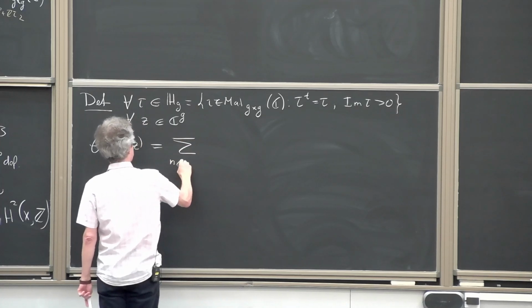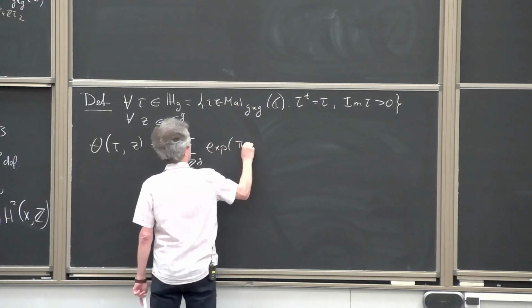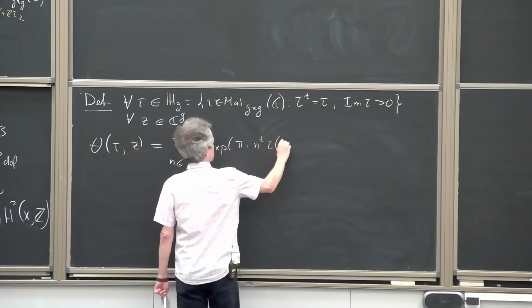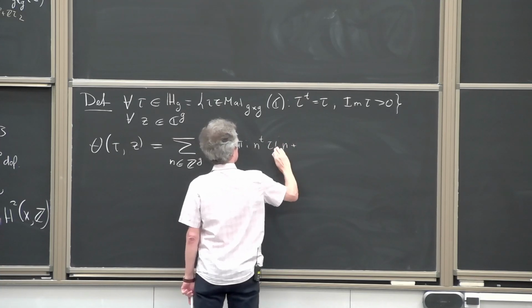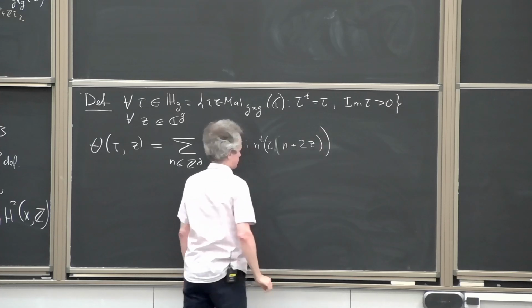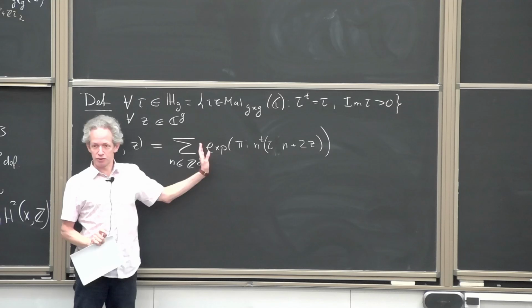This is the sum over all integers n of the exponential of pi i n transpose tau n plus 2 n transpose z. Something. I wrote a formula.